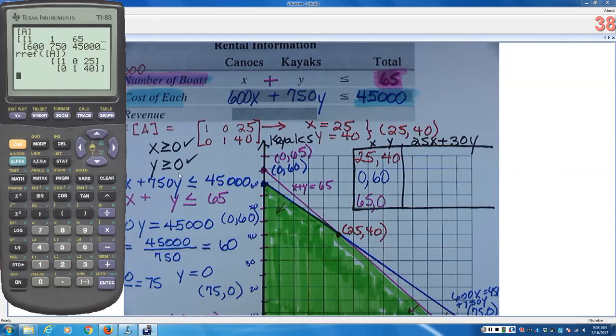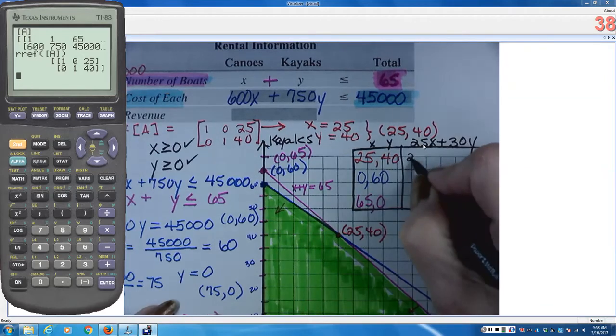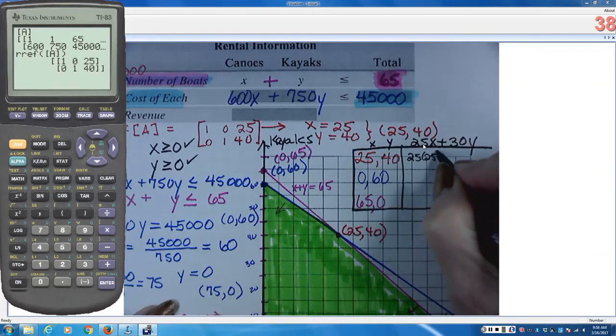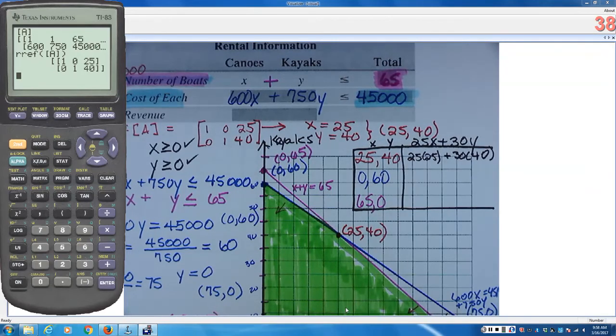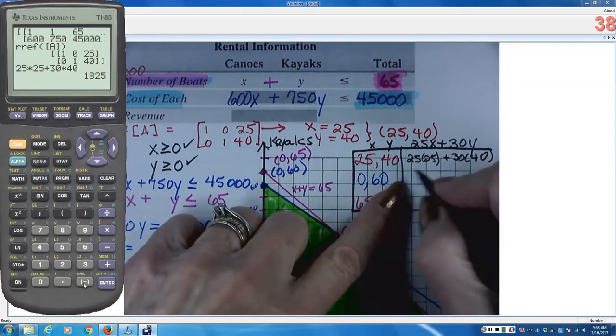So again, I'll go to the calculator. 25x would be 25 times 25. And 30y will be 30 times 40. And that gives me $1,825.